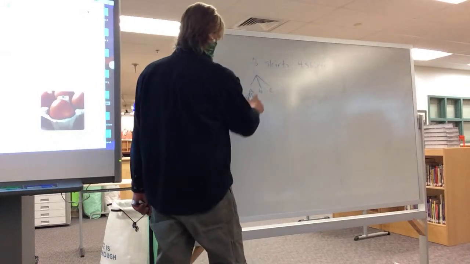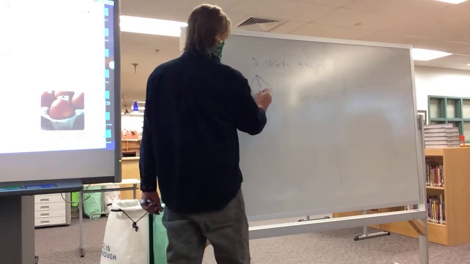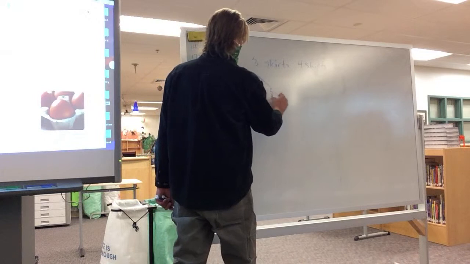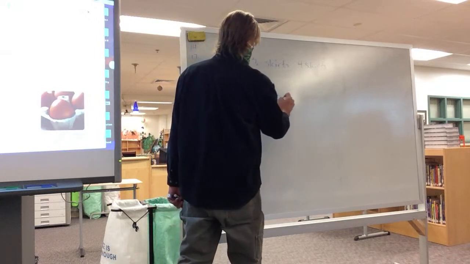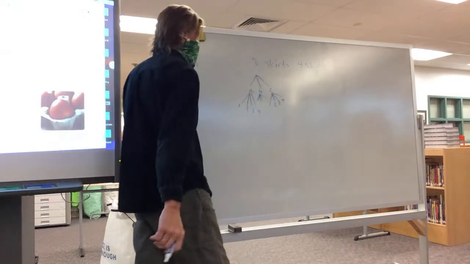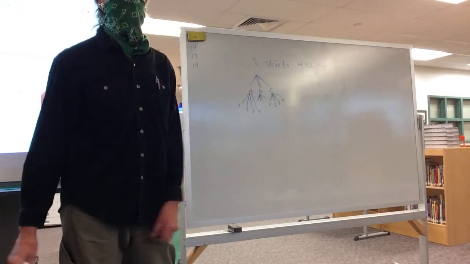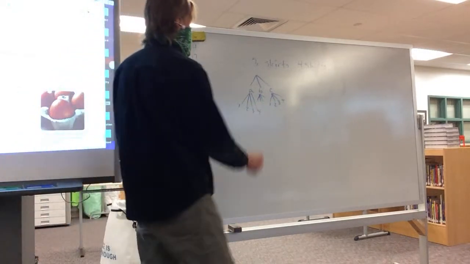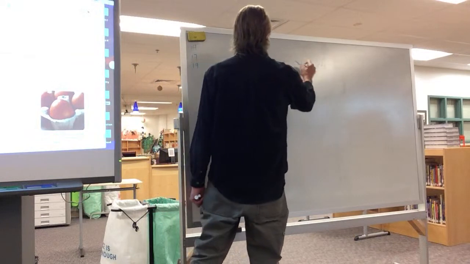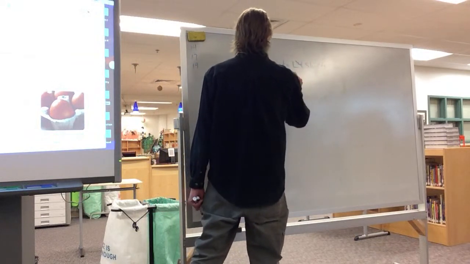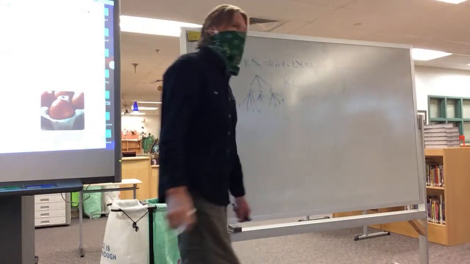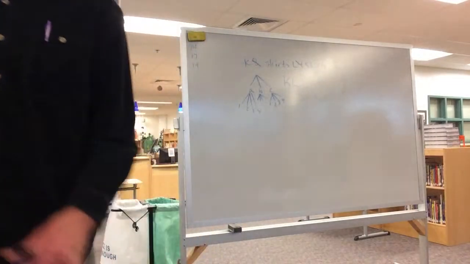So you could have A1, A2, A3, A4. And then you could do the same with B, and you could do the same with C. So how many would there be? 12. So if you have K and L, K multiplied by L, that works. So you're good with that.